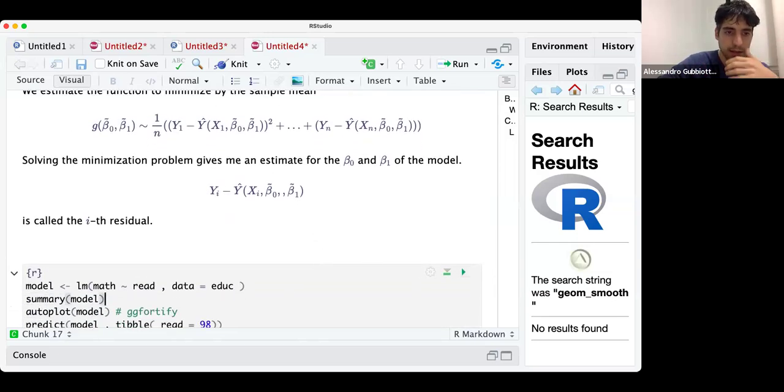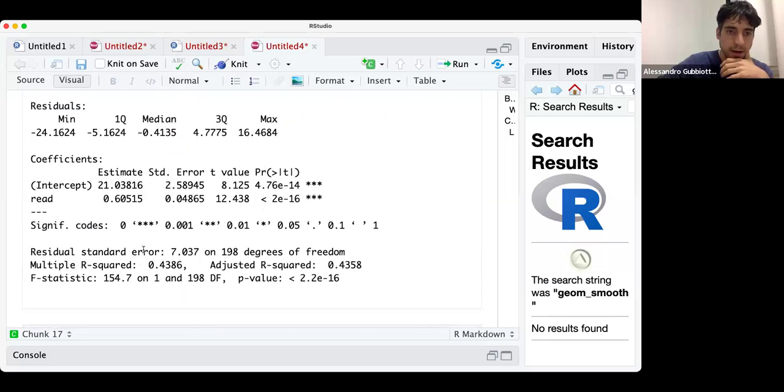In this summary, there is a statistic, which is the R squared, which is, the bigger, the better the model with respect to the one without using the variable.